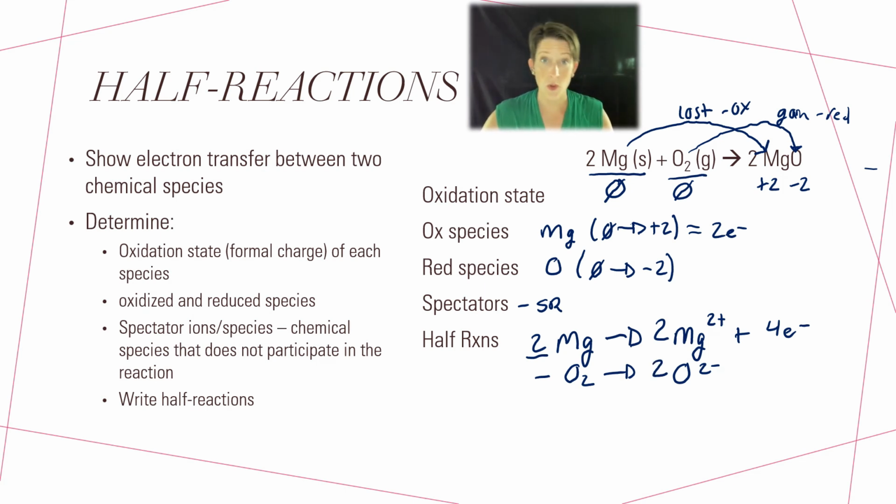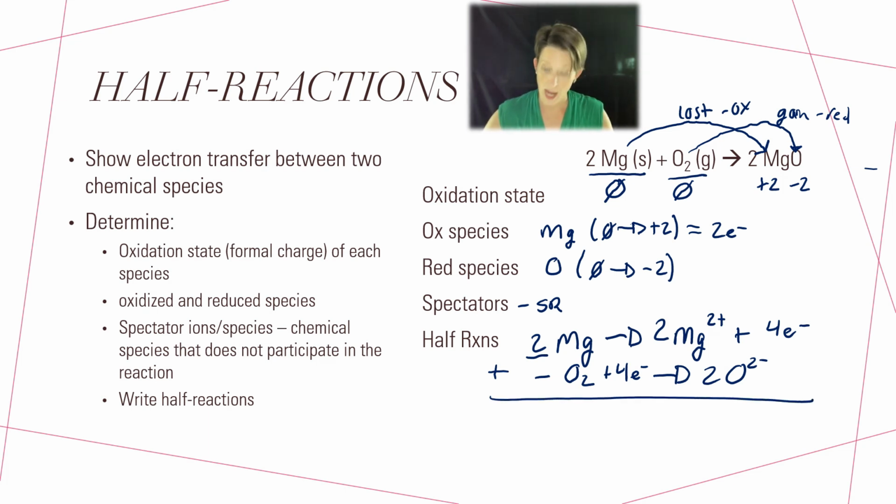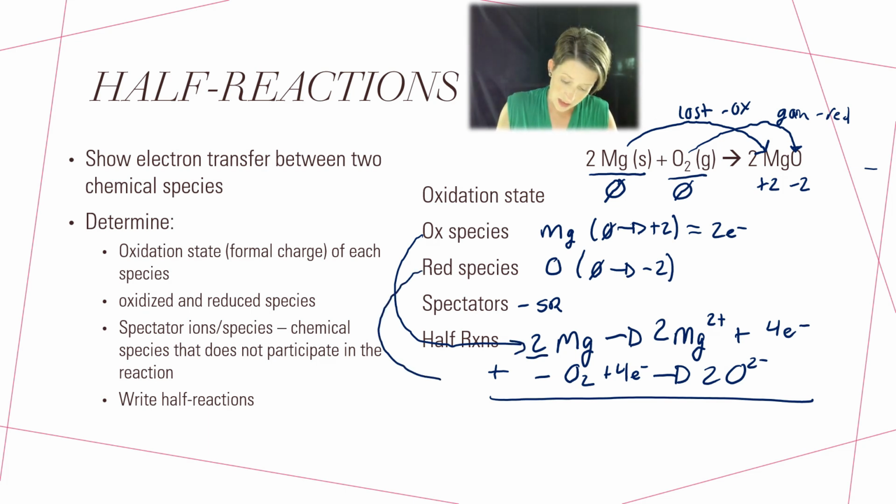So we have 2 oxygen ions in that reaction. So to have each oxygen atom become a negative ion, they have to gain the 4 electrons that were provided from magnesium. So these are the 2 half reactions. The magnesium is the oxidation half reaction. The oxygen is the reduction half reaction.